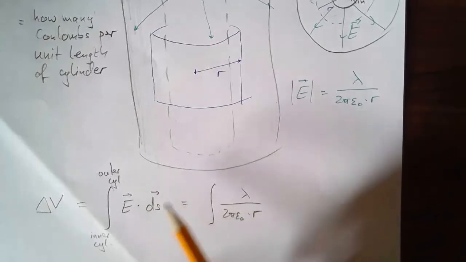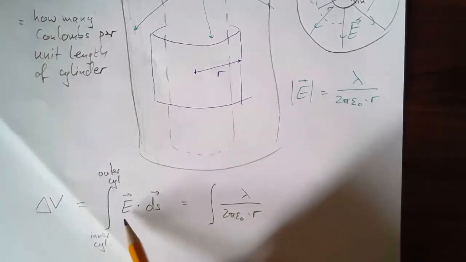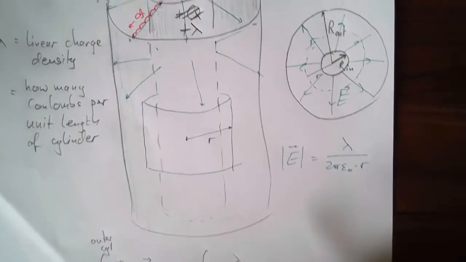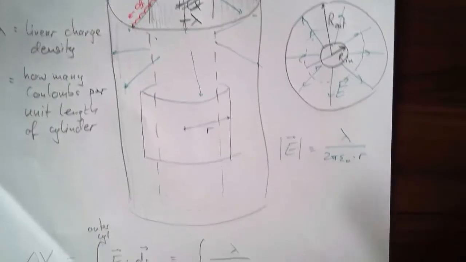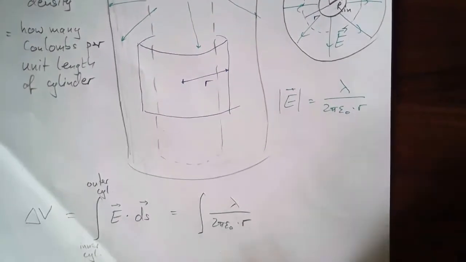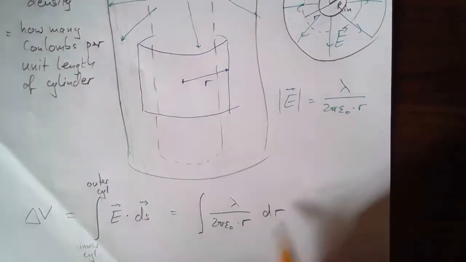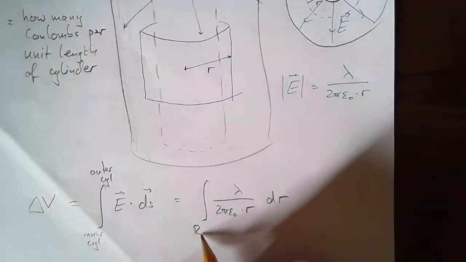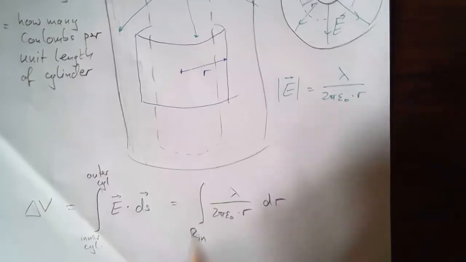So the dot product just involves multiplying the magnitudes of the two quantities. The cosine of the angle between them is 1, because the angle is 0. Okay, and I'm changing my radius every time. That is my path.